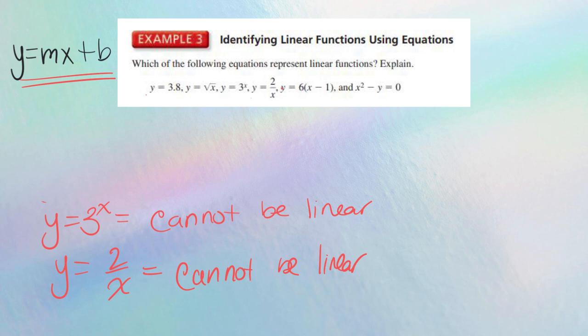We have y equals 6 times what? I'm going to do what first? Distributive property, right? So what do we have here? y equals 6x minus 6. Is that linear? That is linear.